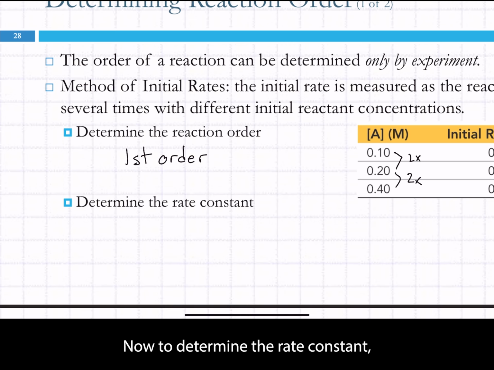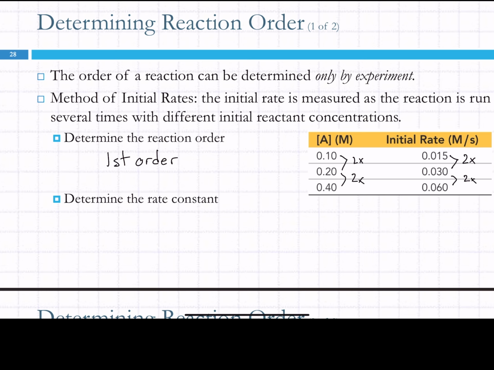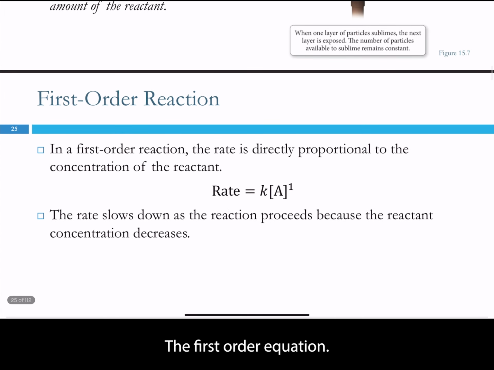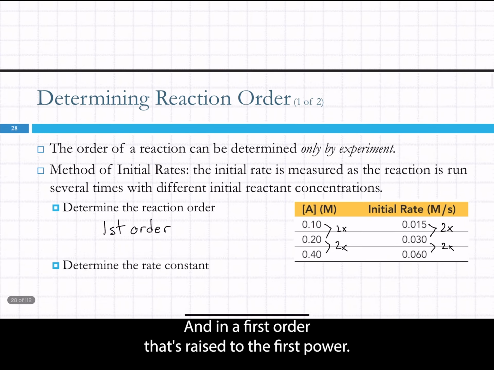Now to determine the rate constant, we have to pick some of these numbers and use them to actually calculate what that rate constant is. I need to remind myself of the first order equation. The equation is rate equals k, which is our rate constant, times the concentration of one of the reactants, and in a first order, that's raised to the first power.